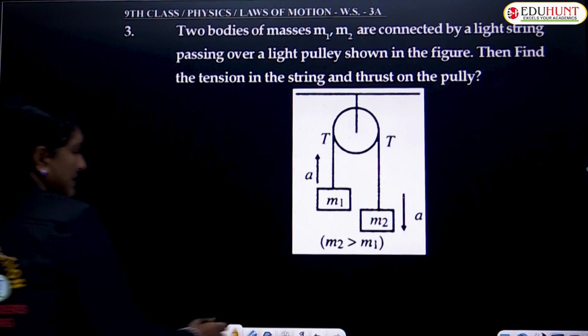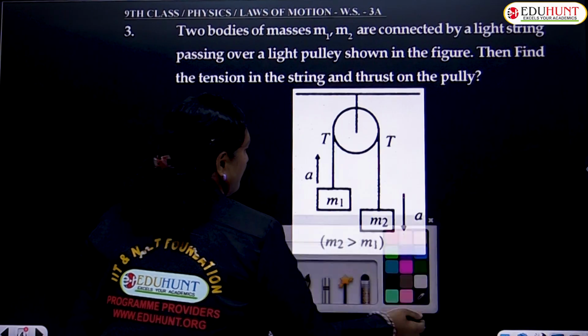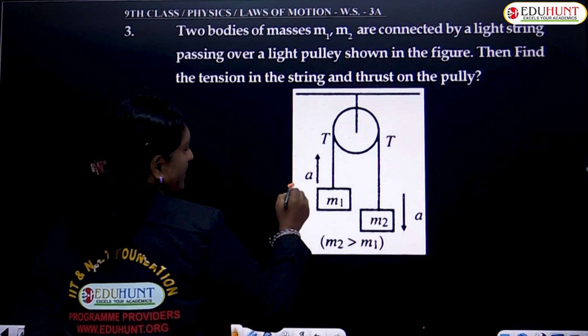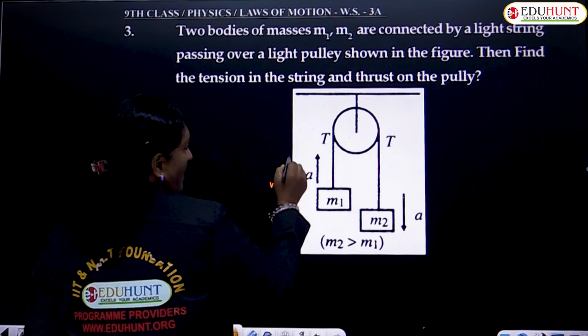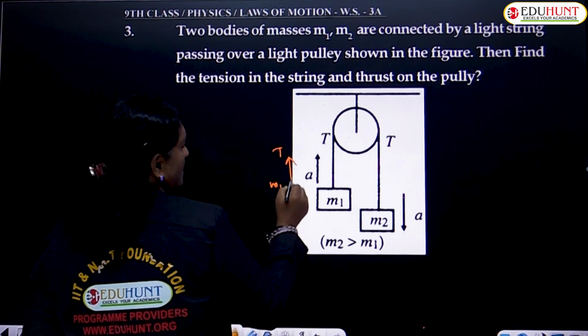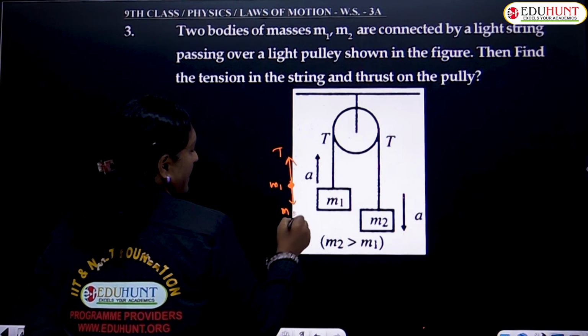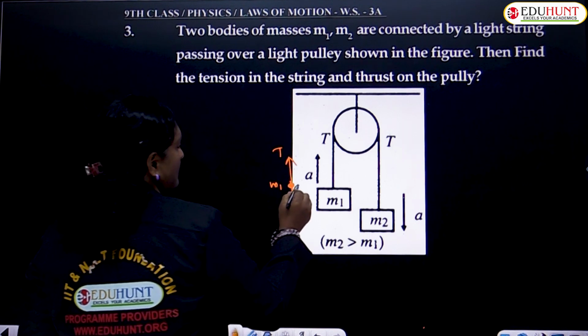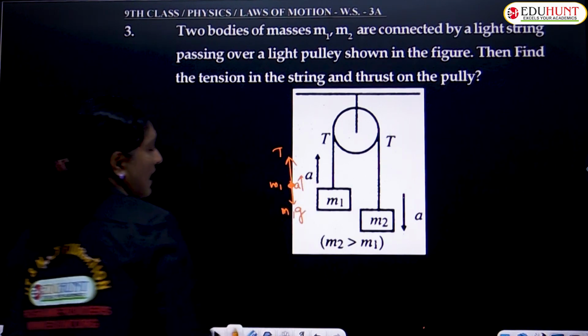So let us imagine the free body diagram for the first case. If you observe the free body diagram, this is M1, the upward force is tension T, the downward force is the weight of the body, M1G, and this is accelerating upwards.